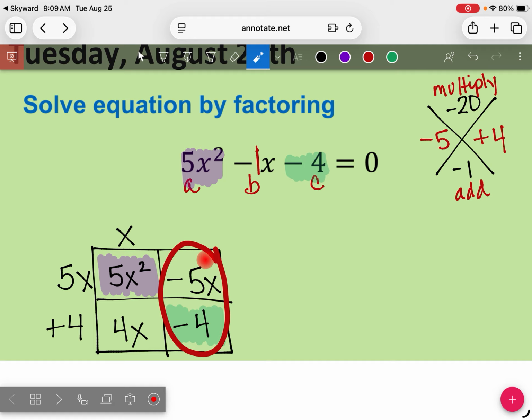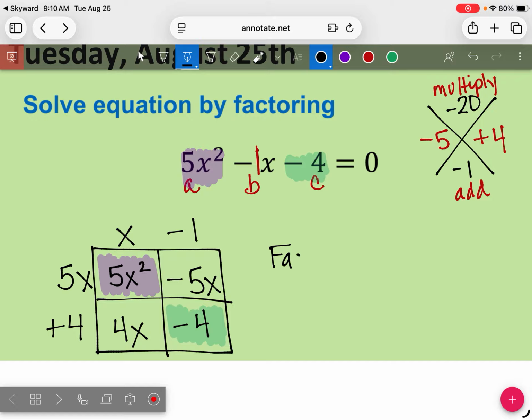So whatever I take out has to multiply by a positive 5x to give me a negative 5x, and by a positive 4 to make a negative 4. So, -1. That's my factors.